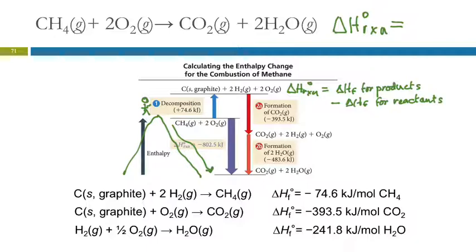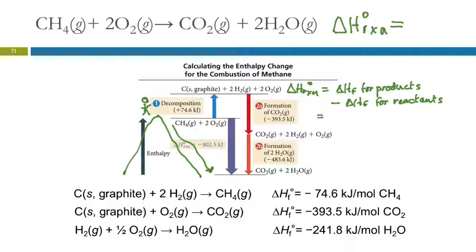And so delta ends up being final minus initial again. You take the heats of formation of the products, the final things, and you subtract the heats of formation of the initial things. We're subtracting here because for the reactants, we're taking them apart, and so it's the opposite of the heat of formation.